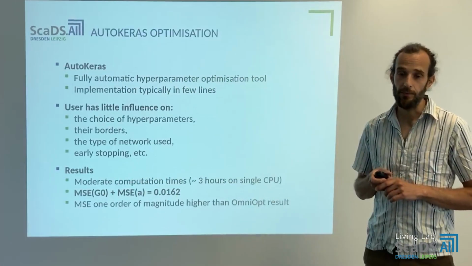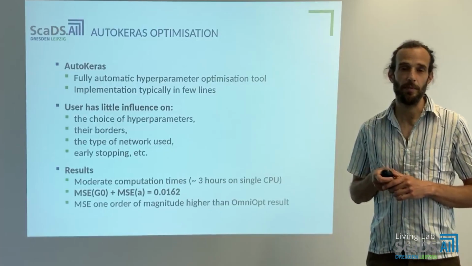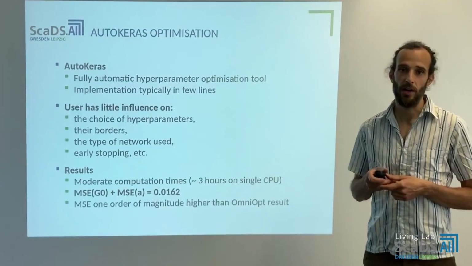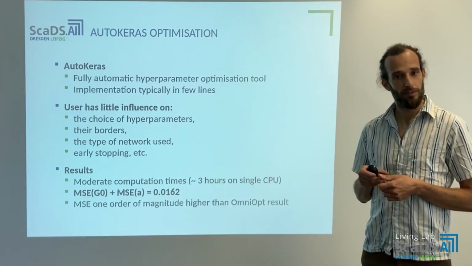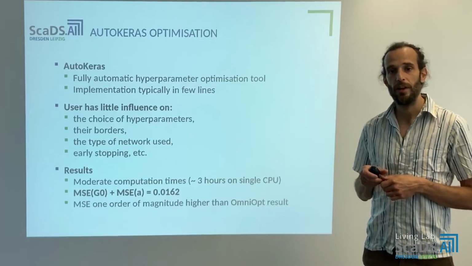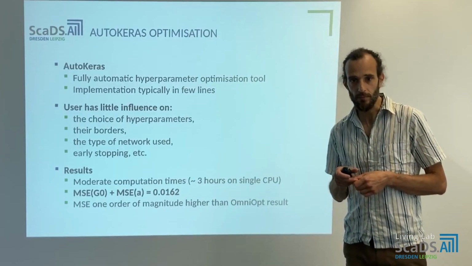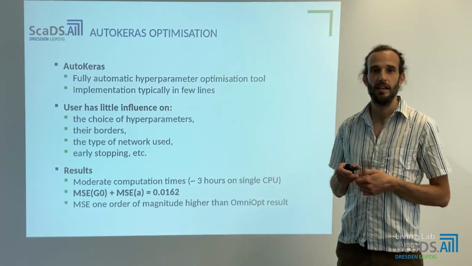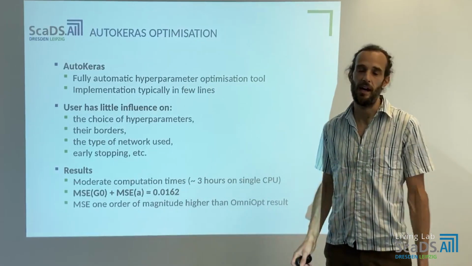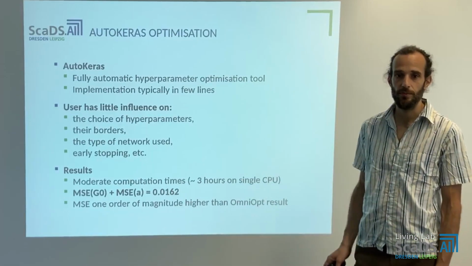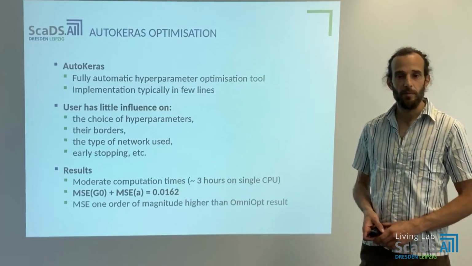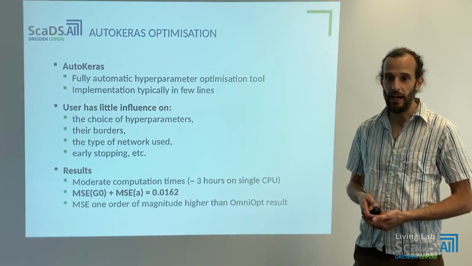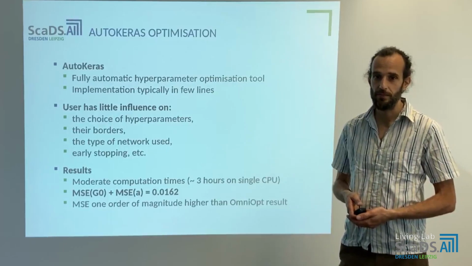To compare OmniOpt to a standard package for hyperparameter optimization, we have performed the same problem with AutoKeras. Now, AutoKeras is a fully automatic hyperparameter optimization tool. It can be implemented typically within few lines without a big effort.